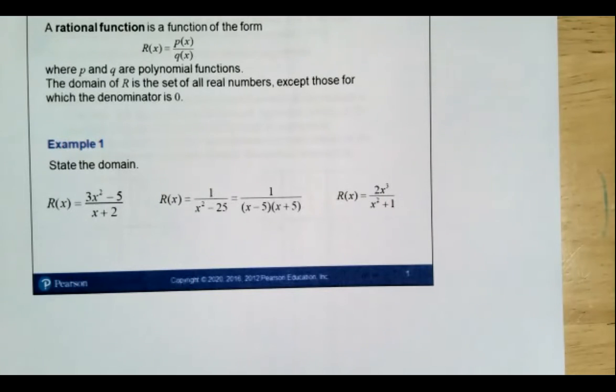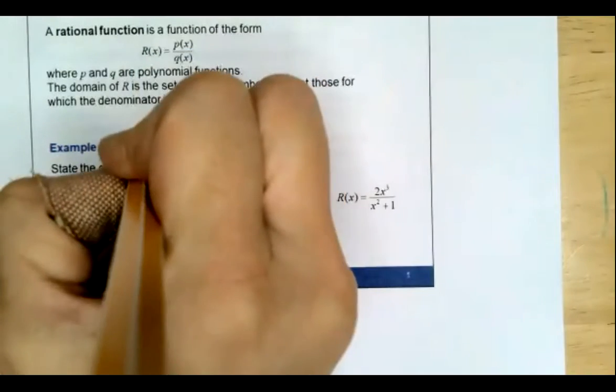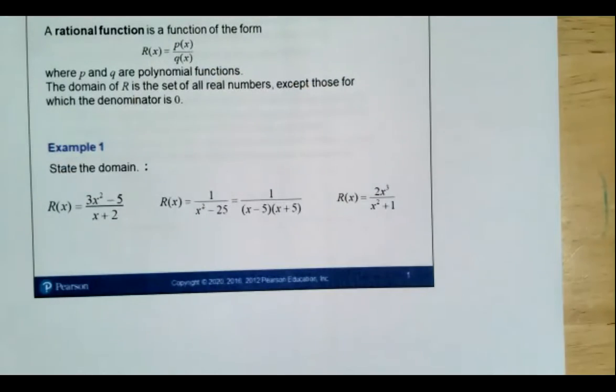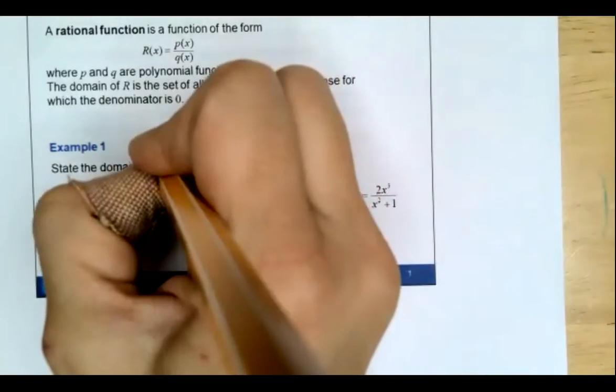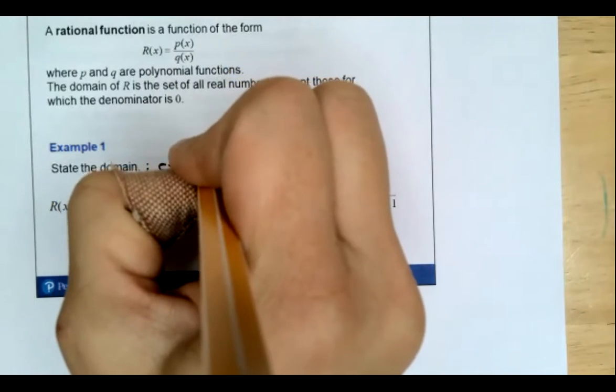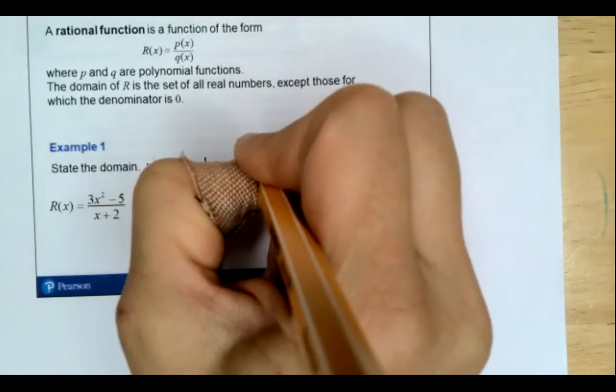And again, domain just means the possible replacements for X or inputs, and exclude any value that causes the denominator to equal 0. State the domain. What can X be, excluding anything that makes the denominator 0? Okay, exclude, and I know we all know this.